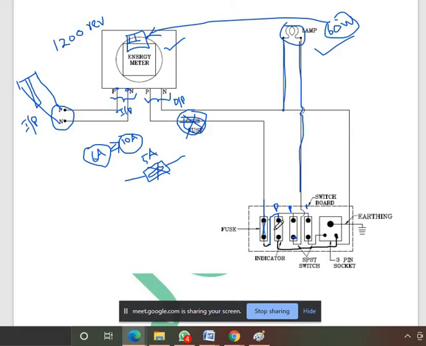Then only will the indicator lamp glow. When the supply is available, the indicator lamp glows continuously. Here you can take these switches; one switch is used to connect the lamp.